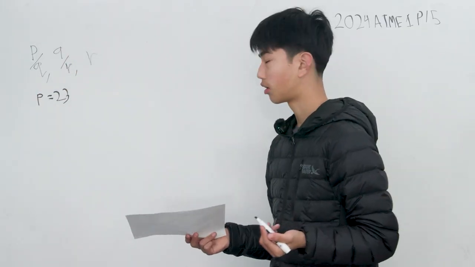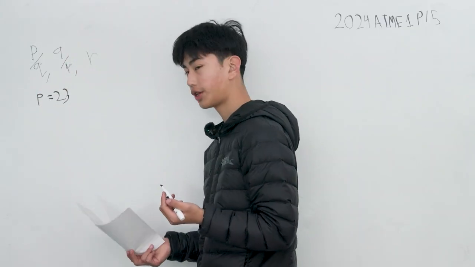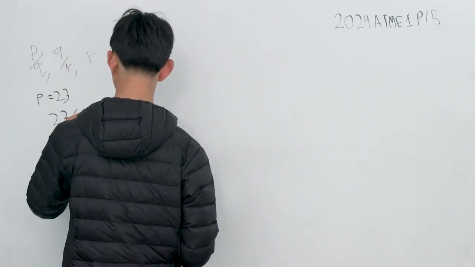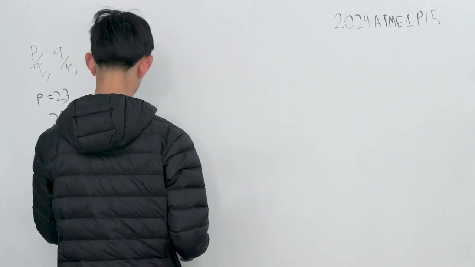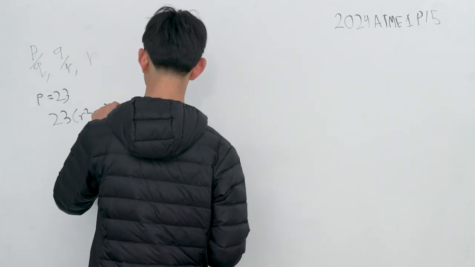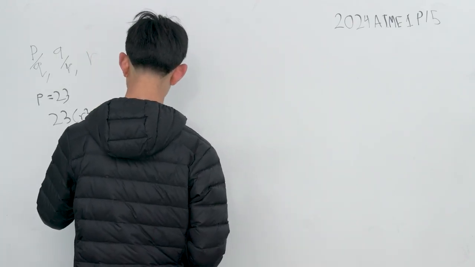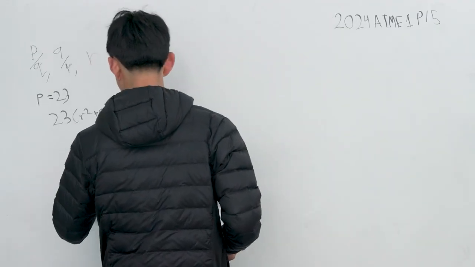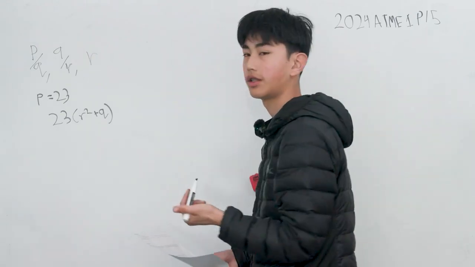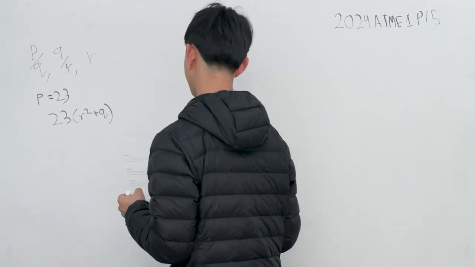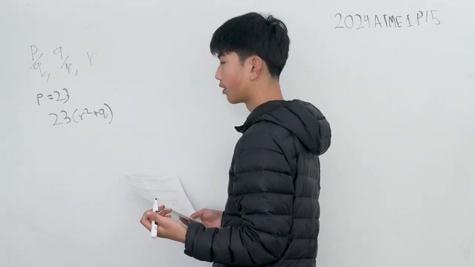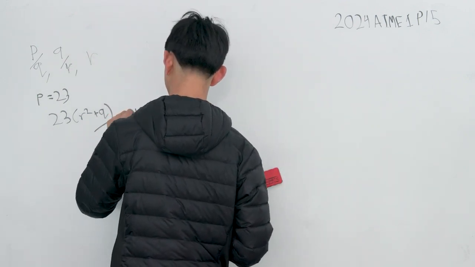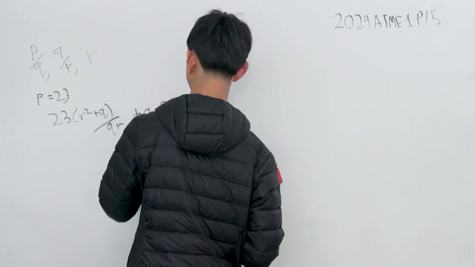Then our equation would be 23 times R squared plus Q over PQ. Well, we can simplify it into something simpler. So we would have this over QR plus Q is 27.